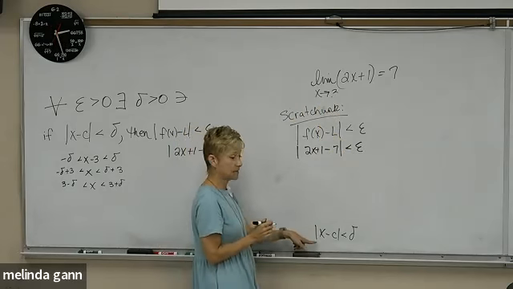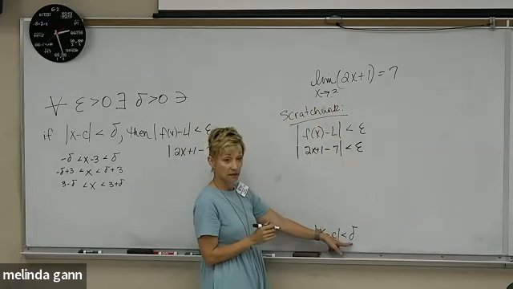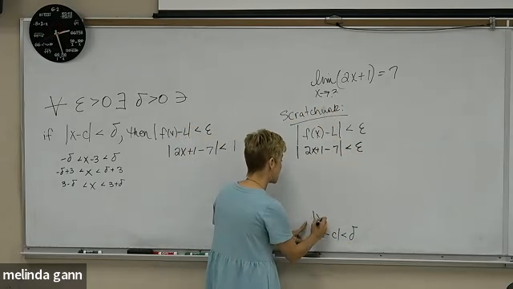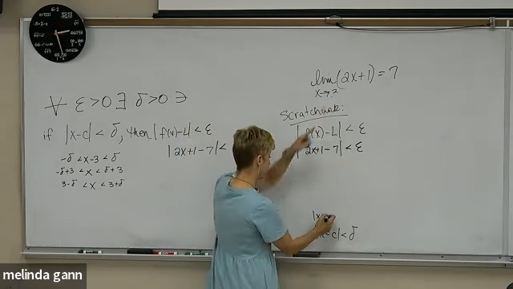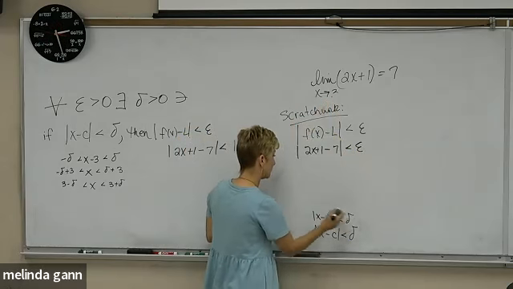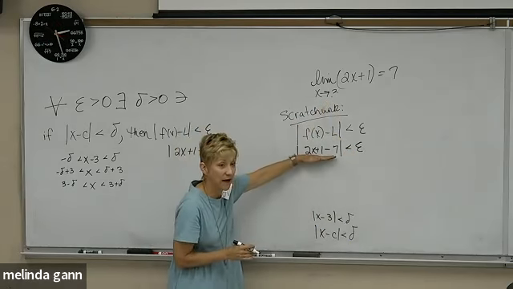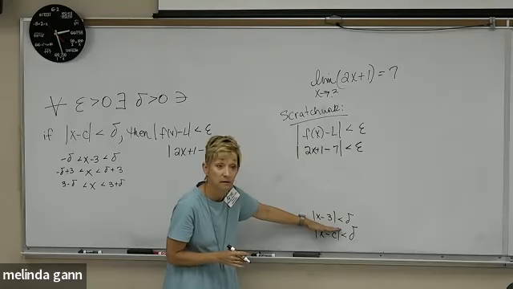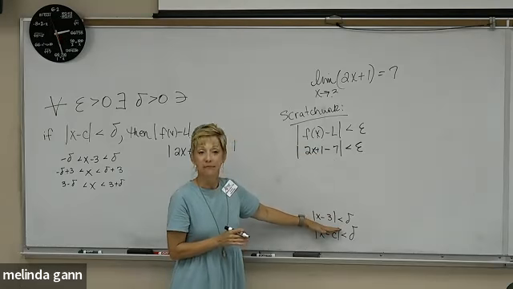Now, go down to the bottom for a second. You see this x minus c is less than delta. What is c in this particular problem? 3. So here's what I need you to see. I need this absolute value to turn into this one. Legitimately mathematical.